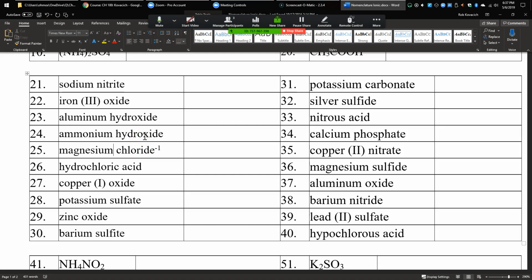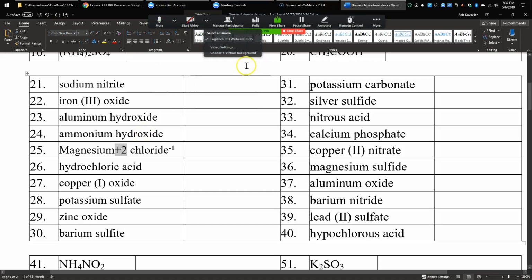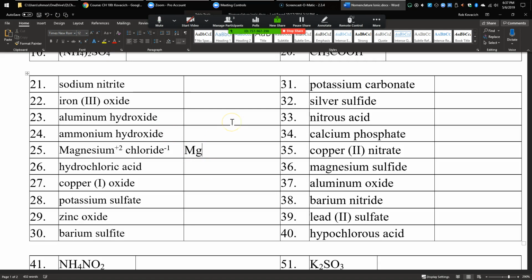Elements in column number 2 all have a +2 charge. So what formula do you need to put those two together? MgCl2. Yep, that's it. Does that make sense, Deanna? Yeah. Okay.